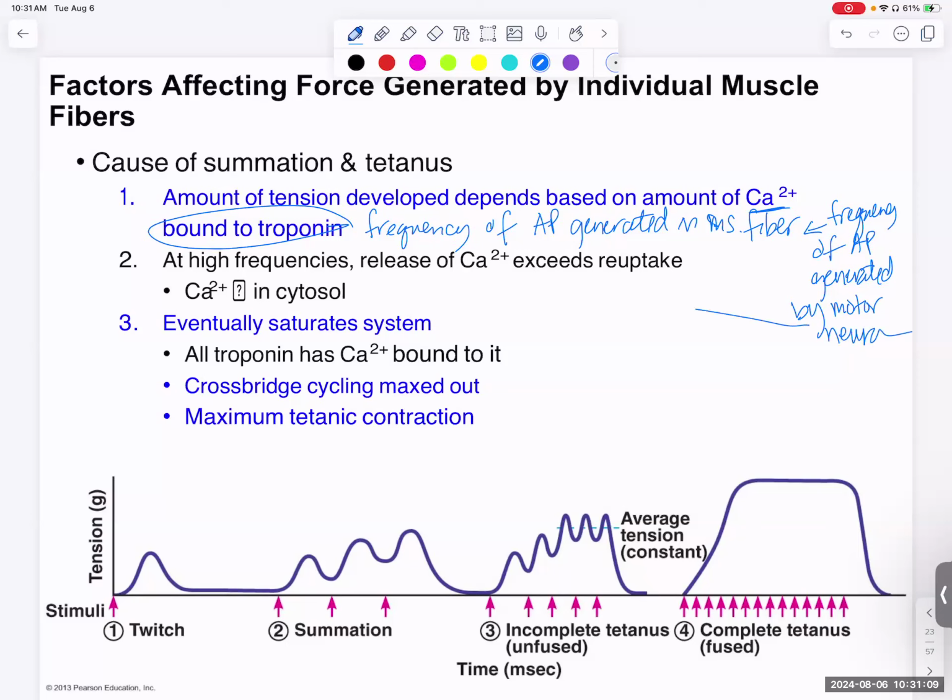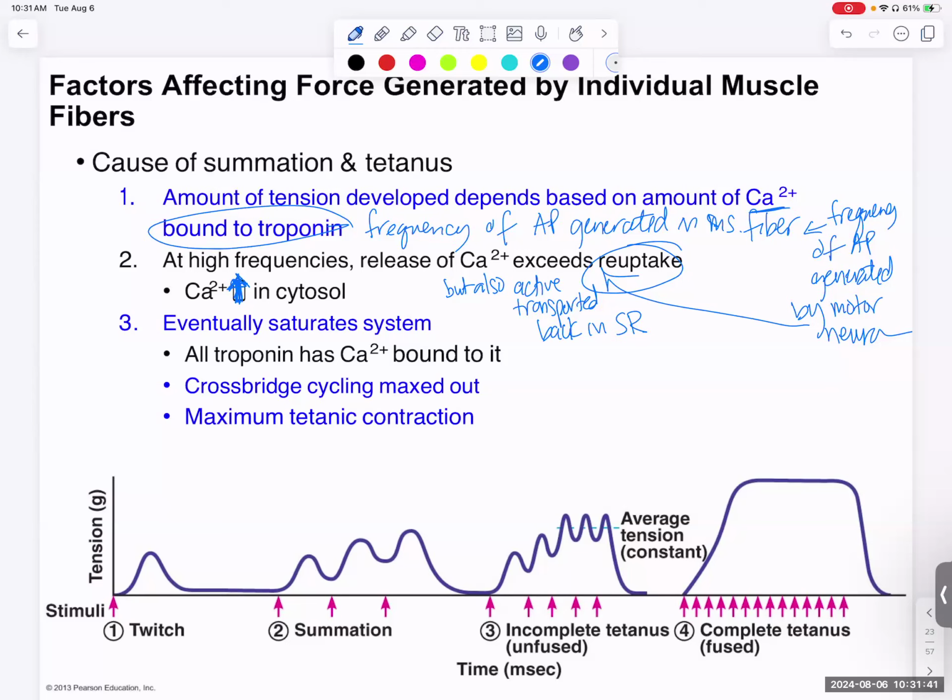That's going to cause calcium to be released faster than it's being actively transported back up into the sarcoplasmic reticulum. So calcium's released, but also actively transported back into the sarcoplasmic reticulum. So you have to have more calcium being released than being taken back up, reuptake back into the sarcoplasmic reticulum.